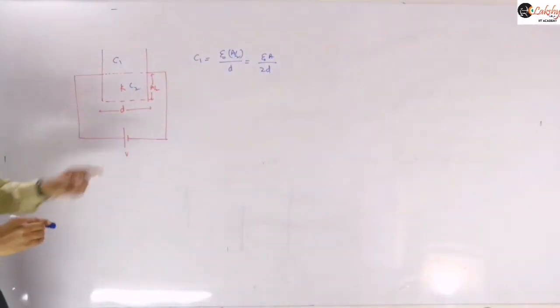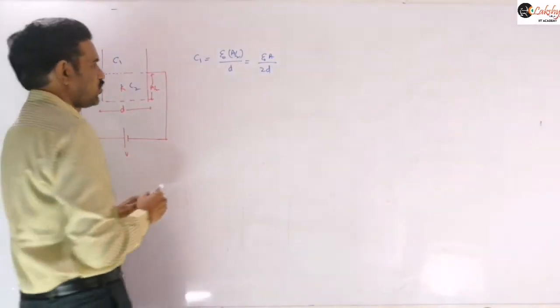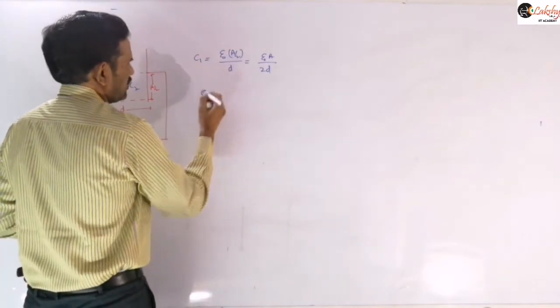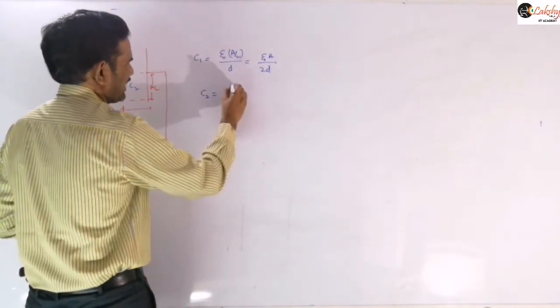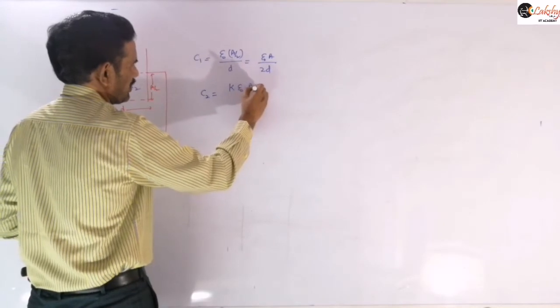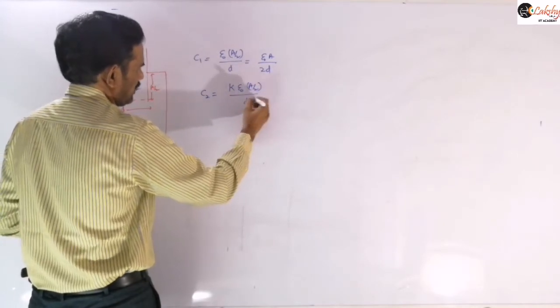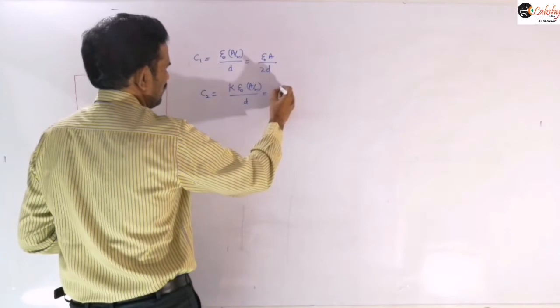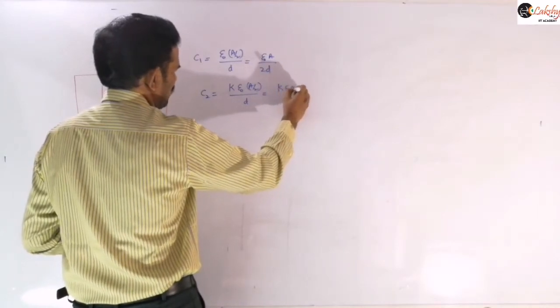This is the capacitance of the upper half. Next, the lower half is K epsilon naught A by 2 by D, so this value will be K epsilon naught A by 2D.